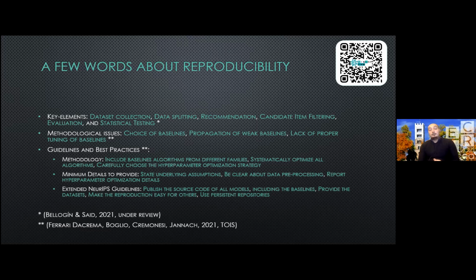The problem is that to make our experiments reproducible, we have a lot of potential issues. Bellogín suggests identifying the main aspects that we should take care of to make our research reproducible.